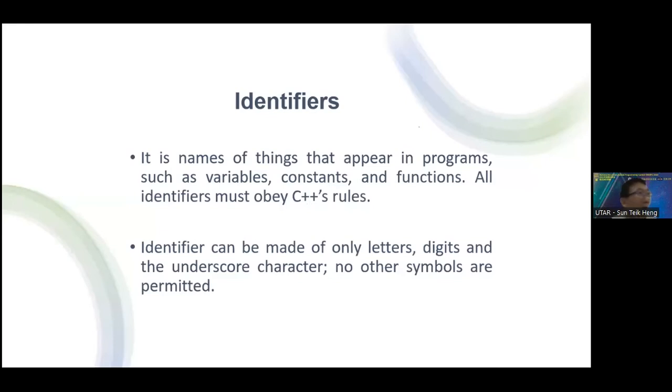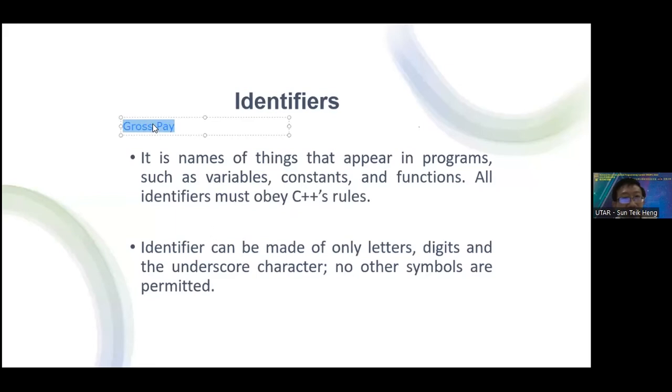Like for example, gross pay. When you use the words gross pay as your identifier, this is a good choice of identifier name. But can you write it like that, with a space, gross pay? You cannot, because it violates the C++ rules or your Java rules.